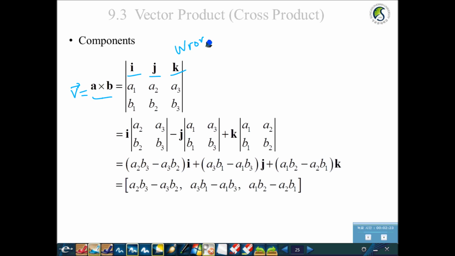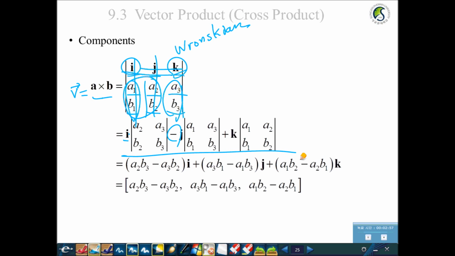You remember the Wronskian. So you put the standard basis in the first row, and you put the components of the first vector, A1, A2, A3, in the second row. And on the third row, you put the components of B. The calculation: you first take i times the cofactor of this matrix that eliminates the selection, right? And minus j times this one, right? Plus k times this part. And that's the components. All right?